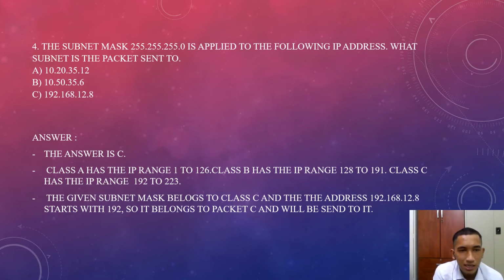The answer is C, because class A has the IP range 1 to 126, class B has the IP range 128 to 191, and class C has the IP range 192 to 223. The given subnet mask belongs to class C, and the address 192.168.12.8 starts with 192, so it belongs to C and the packet will be sent to it.